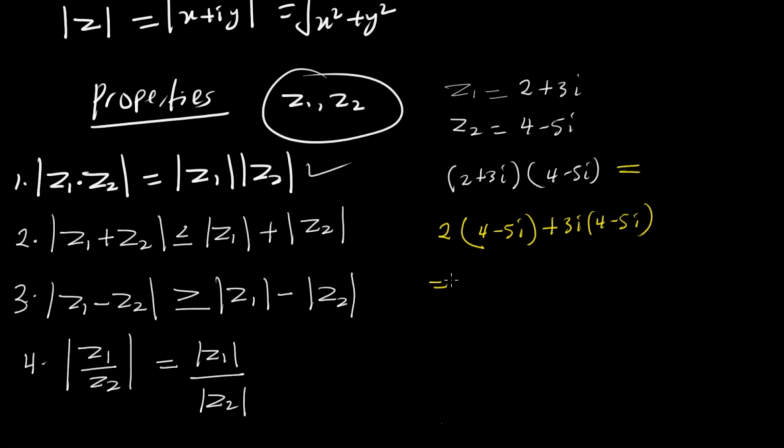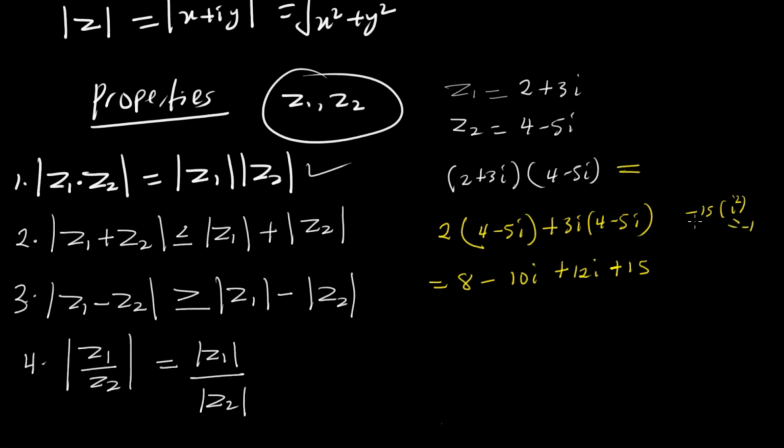So multiplying this, we have 8 minus 10i plus 12i. This is going to be plus 15. Now how do I get plus 15? If I multiply 3 and 5, I'm going to have minus 15. And don't forget, we proved in the last tutorial that i squared is equal to minus 1.